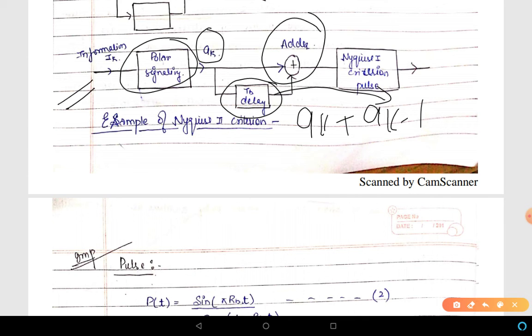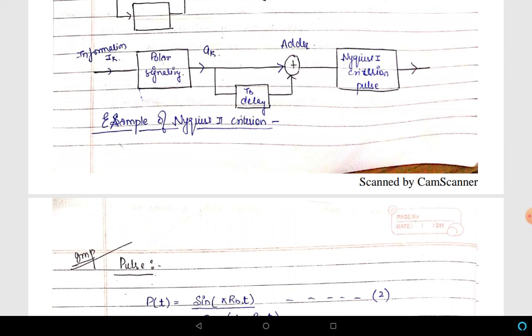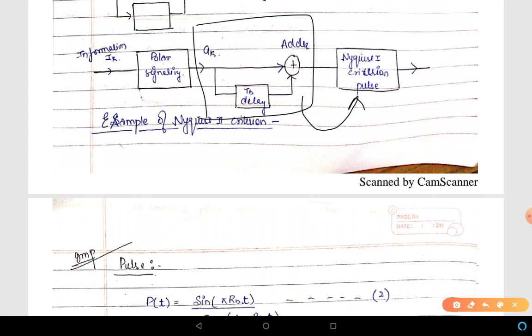So this particular section will induce that partial or controlled ISI effect, and then I am using the Nyquist first criteria pulse, and the effect of the whole of this will be the Nyquist second criteria pulse. So this particular diagram is basically a generation of the Nyquist second criteria pulse.